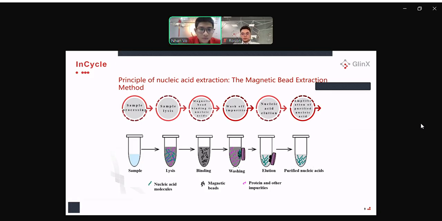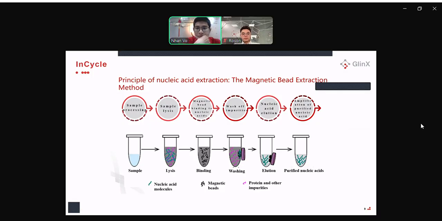This is the sample collection. After we finish the sample collection, we put the samples into the tube which contains the sample diluent to conduct the sample processing, right?